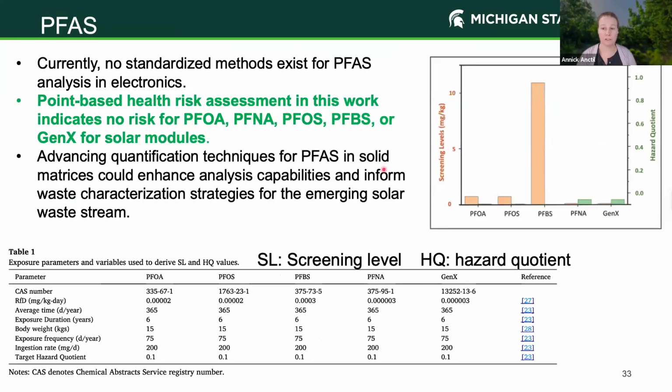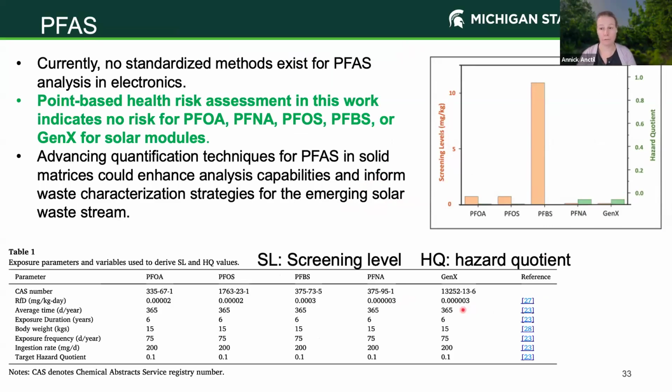So what we did for this study, we took the worst case scenario for all the PFAS that were mentioned, and then looked at how much concentration there would be per kilogram of module, for example. And then for each type of PFAS, you have a certain hazard that is associated with it.